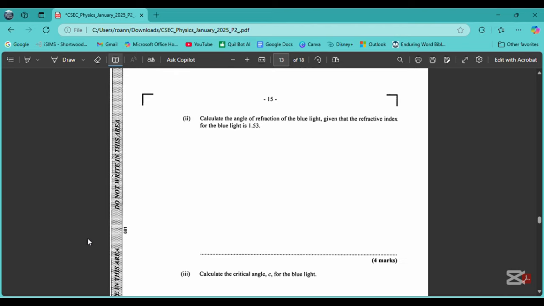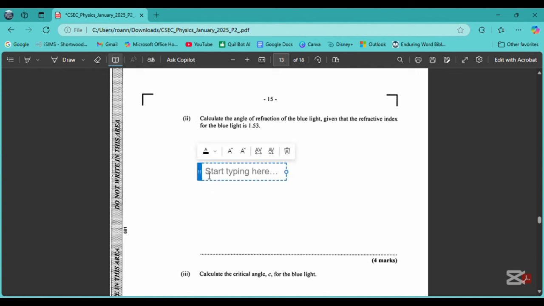Calculate the angle of refraction of the blue light, given that the refractive index for the blue light is 1.53. So we start off with the formula n is equal to sine i over sine r.